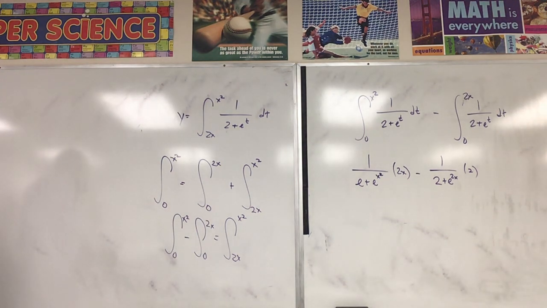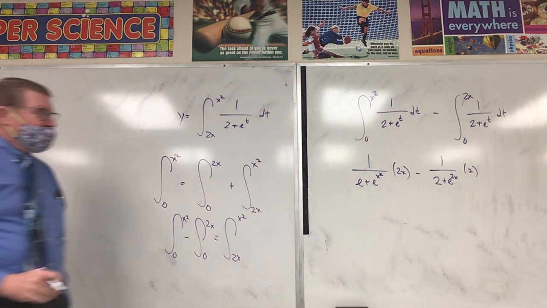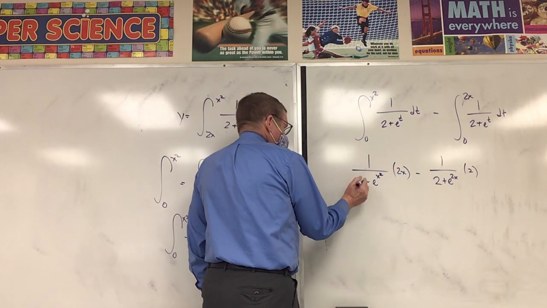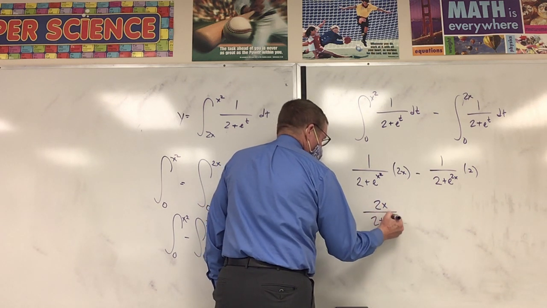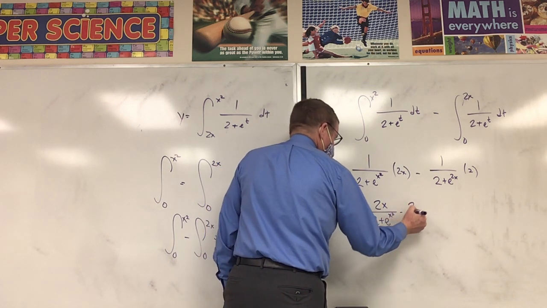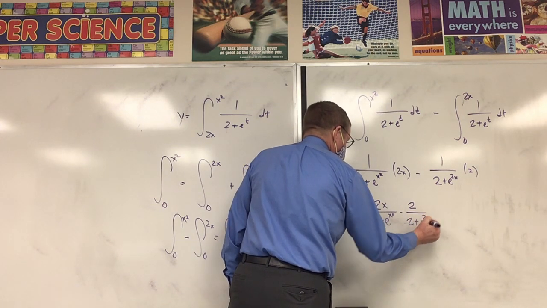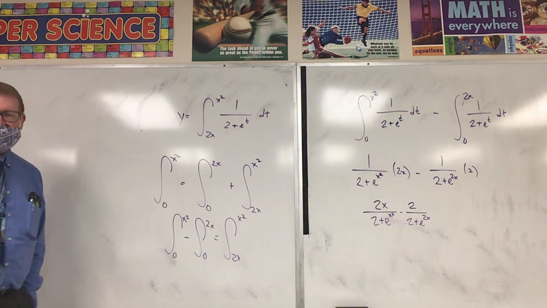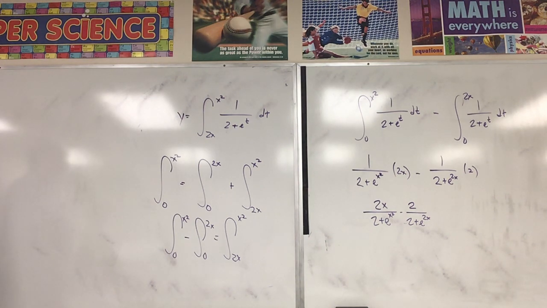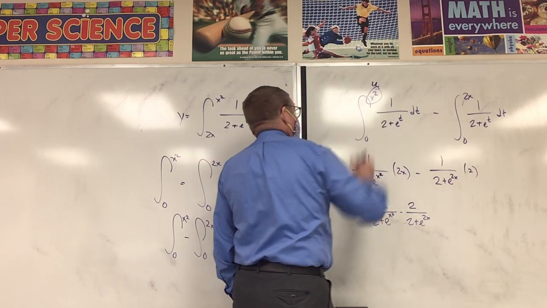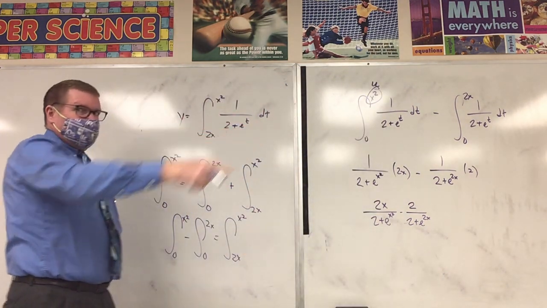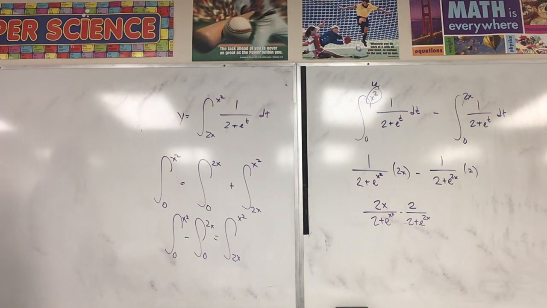Oh yeah, I'm sorry, it should be a 2. So when I simplify this, I get 2x over 2 plus e to the x squared minus 2 over 2 plus e to the 2x. Because again, this is a composite, so if I substitute that with u, I'll be substituting u in and then putting the x squared back in, multiplied by the derivative of the composite.